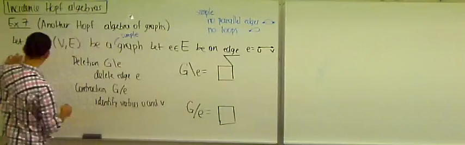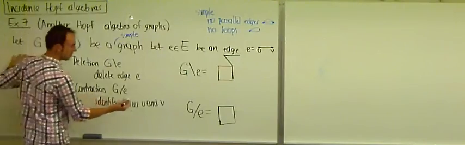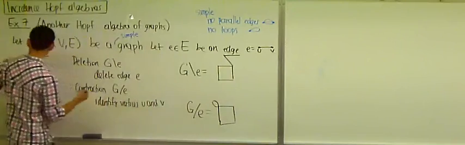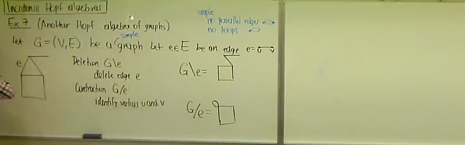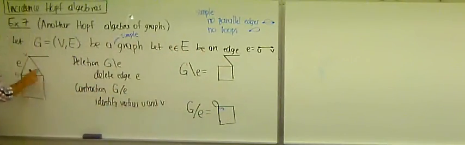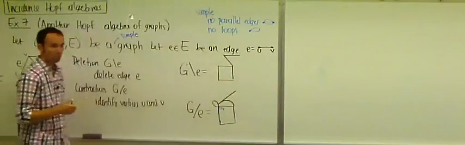When you identify these two vertices, what are you going to get? This edge E is first of all going to become a loop. The point is that this is U and this is V, and now they're the same vertex. This is UV. This edge was going to V, now it's just going here. And this edge was going from V to this guy, and now it's going to go from V to that guy. So that's the first step.